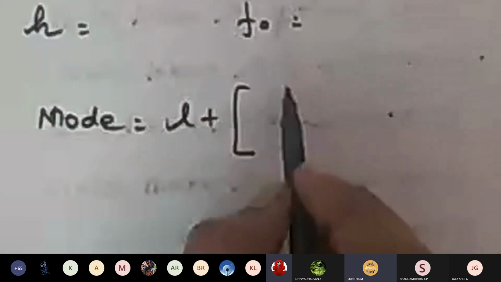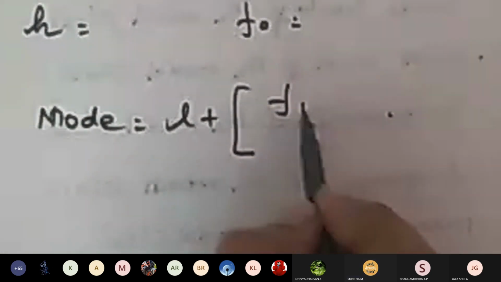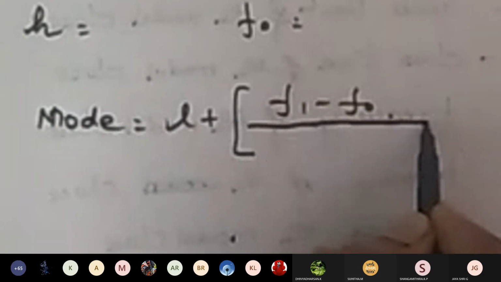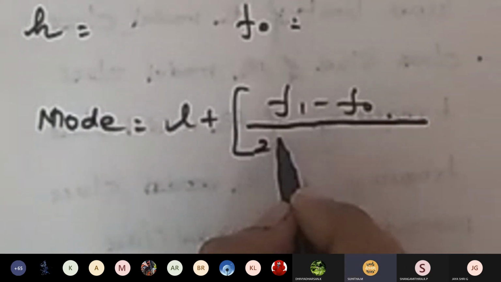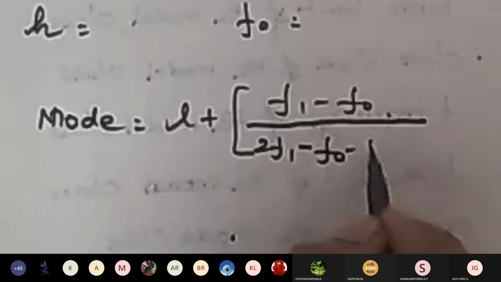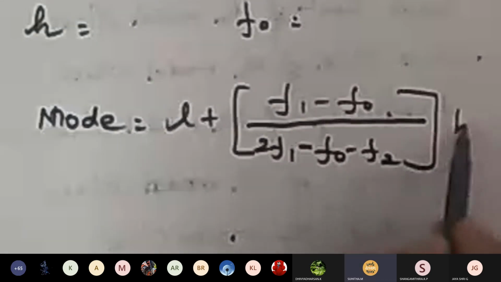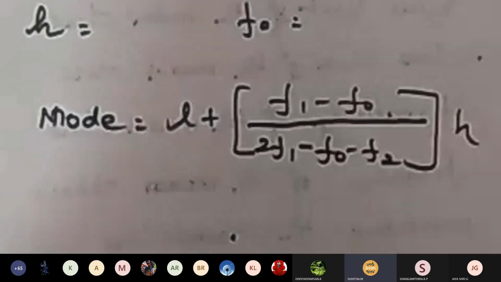These are the 5 values I have to find. Then I substitute in the formula: L plus (F1 minus F0) divided by (2F1 minus F0 minus F2), into H.